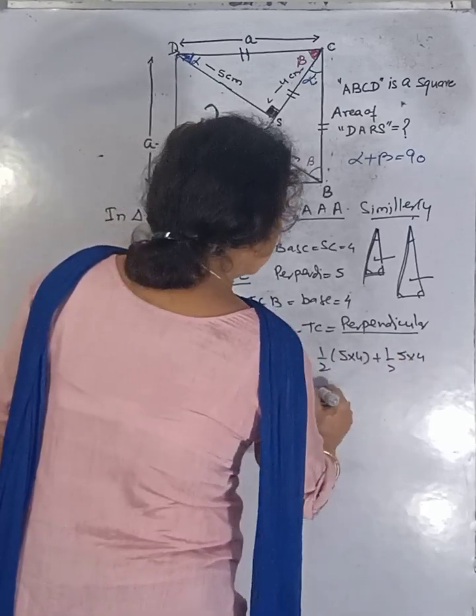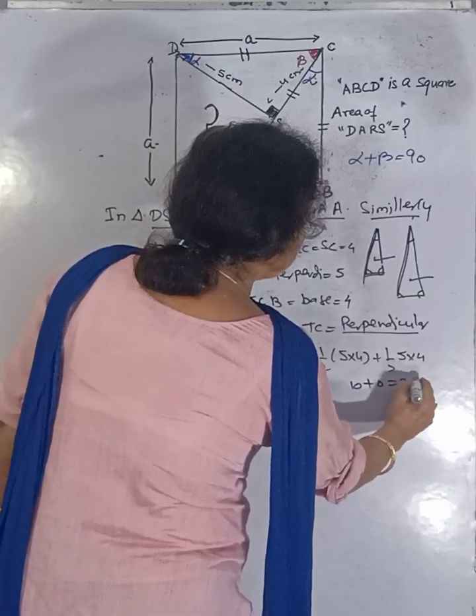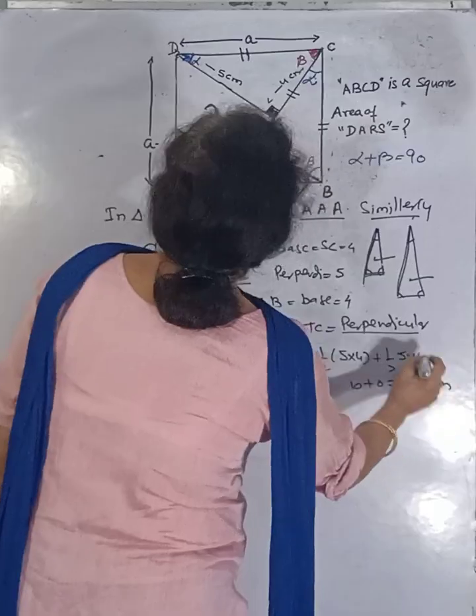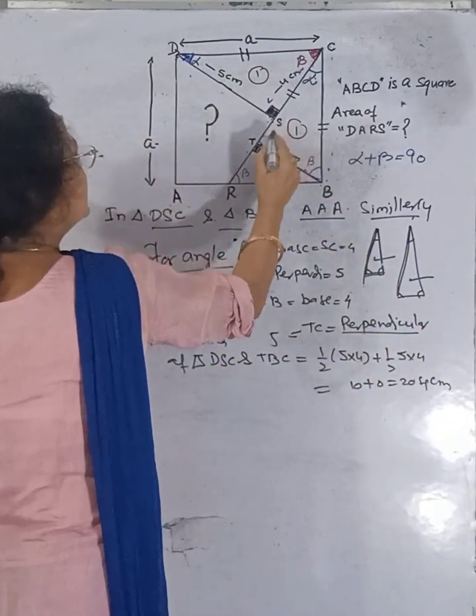That is equal to 10 plus 10, that is 20 square cm. Area of this is 10, area of this is 10.